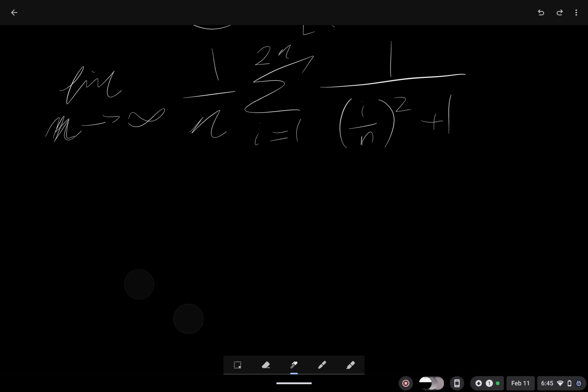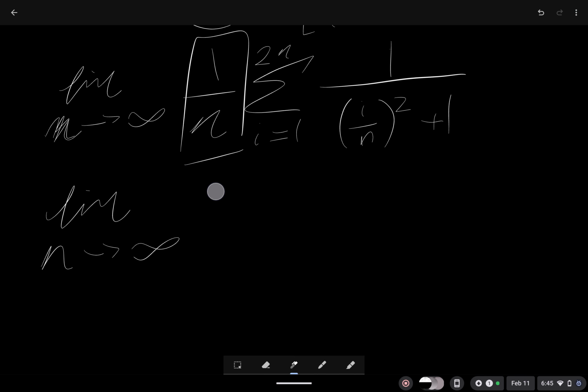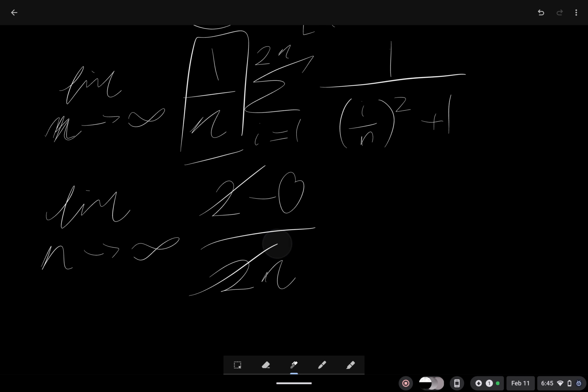So how can we do this? We can rewrite this 1 over n as 2 minus 0 over 2n. This works because the 0 will just cancel, and we can also cancel the 2 and the 2 from the 2n, and this will again simplify to 1 over n. So the expression is still equivalent.